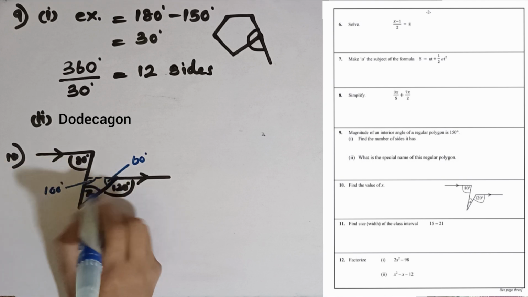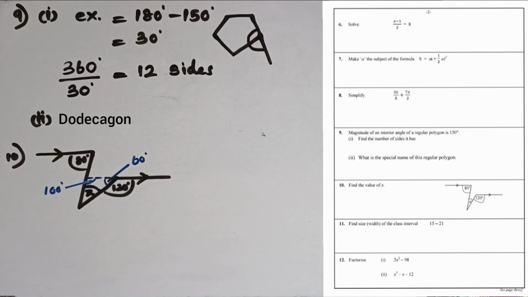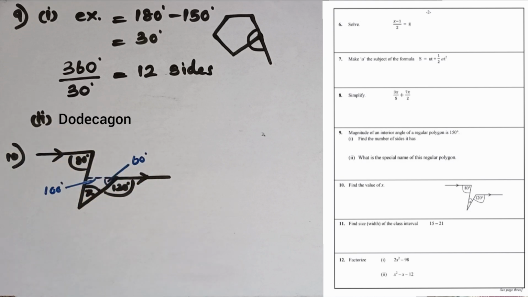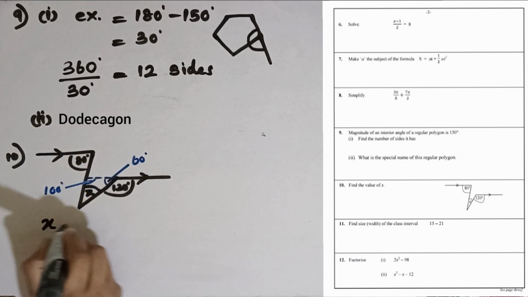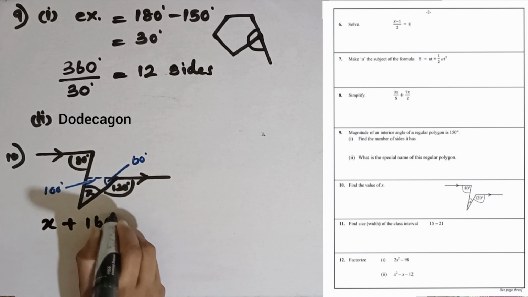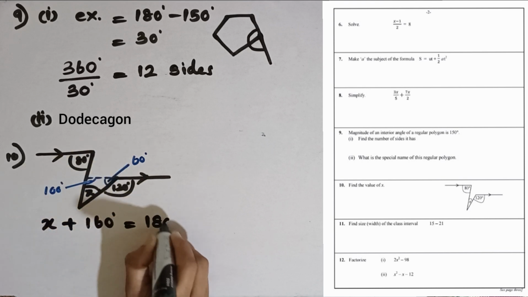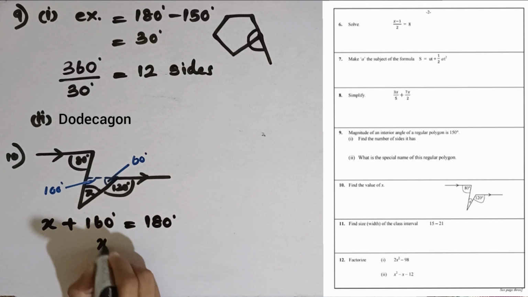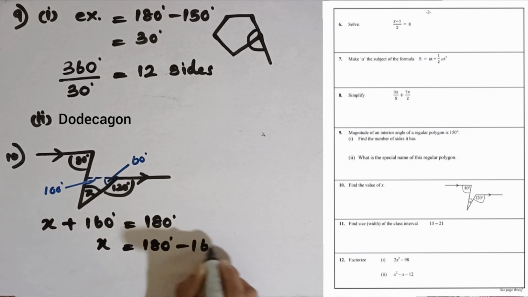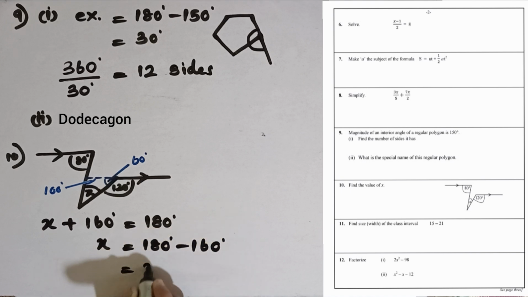Now we can find the value of x by taking the interior angle sum of this formed triangle. We can write x plus 100 plus 60 is 160, equal to 180. Then x equals 180 minus 160. 20 degrees is the answer.